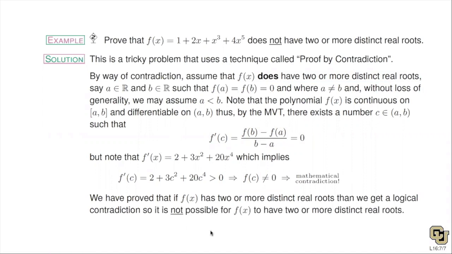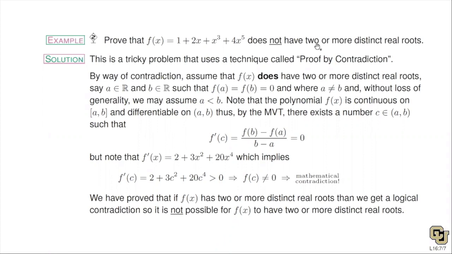And so, we've proven the original statement by contradiction. By assuming the opposite, we were able to arrive at a mathematical contradiction. So the opposite of the opposite must be true. And so here, this polynomial doesn't have 2 or more distinct real roots.